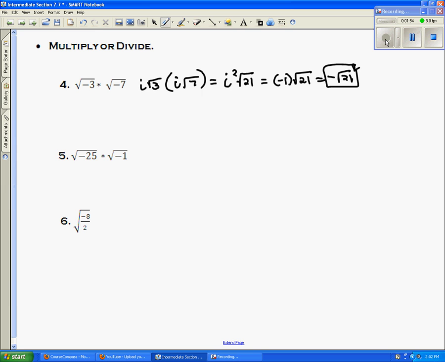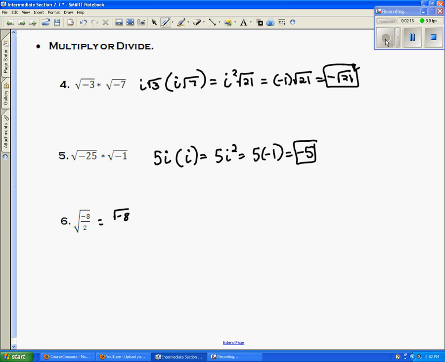Okay, next we have square root of -25, which is going to be 5i, and then times i, that gives us 5i squared. i squared is -1, so we get -5.